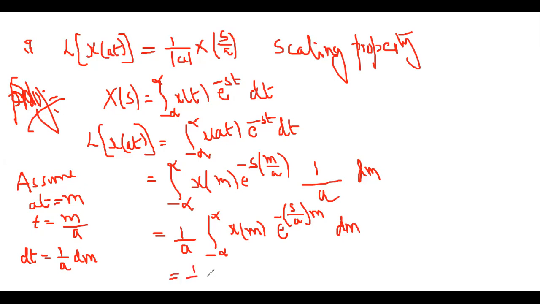It becomes 1 by a times x of s by a. You can take it as the magnitude of a. So the scaling property says the Laplace transformation of x of at is equal to 1 by a times x of s by a. Got it, my dear students?